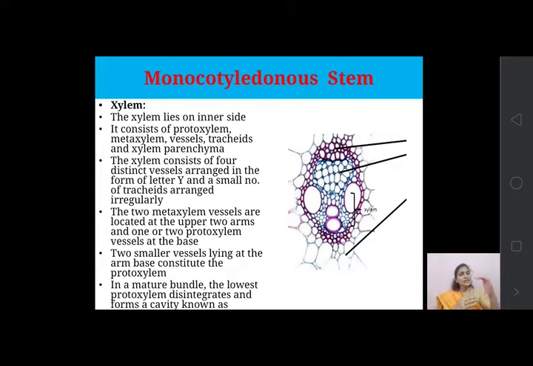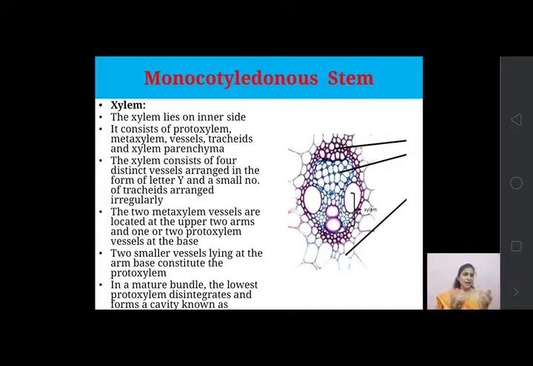So this is the xylem region, and above the xylem region, just under the bundle sheath, is the phloem. In this monocotyledonous stem, the xylem lies on the inner side and the phloem lies towards the outer side. So it consists of protoxylem and metaxylem vessels, that is, vessels are of two types, metaxylem and protoxylem. Then tracheids are also present, and xylem parenchyma is also present.